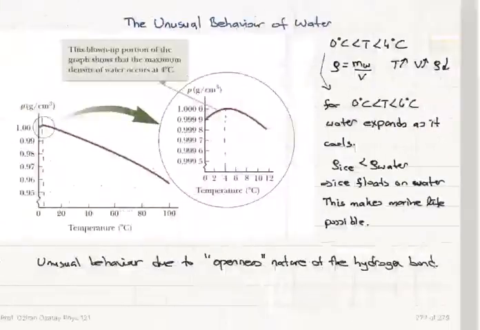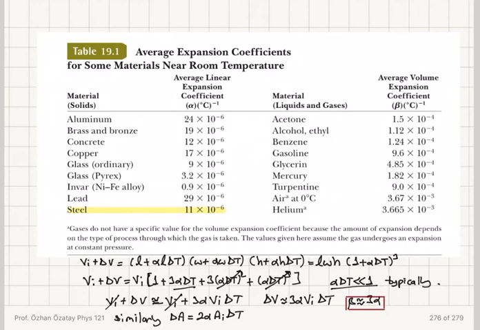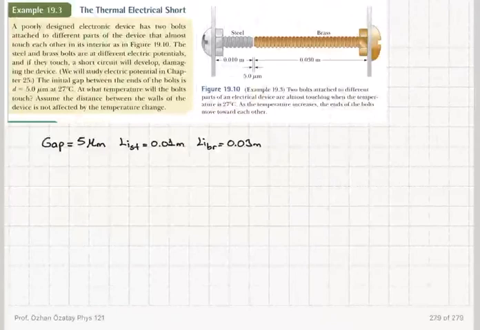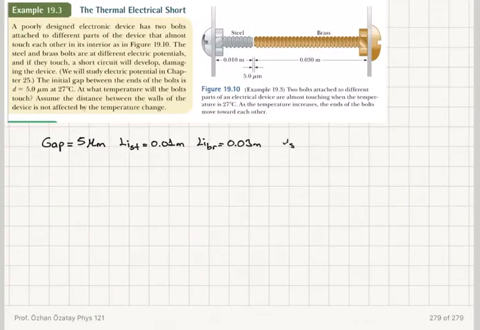Then I have to know the coefficient of expansion for these materials. I know steel here. I can read brass and bronze, they're almost the same, 19 times 10 to the minus 6. So alpha steel is 11 times 10 to the minus 6 per degree Celsius. Alpha brass is 19 times 10 to the minus 6 per degree Celsius.